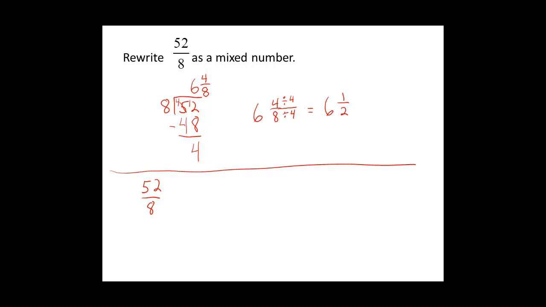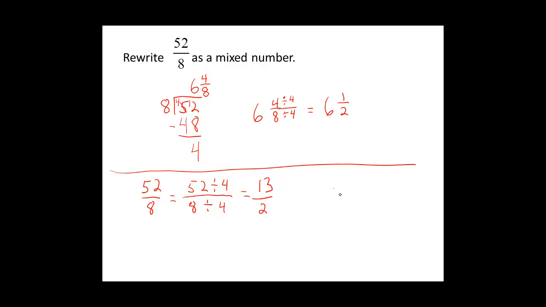We can divide both the numerator and denominator of 52/8 by the number 4. 52 divided by 4 is equal to 13. 8 divided by 4 is equal to 2. Now we will do long division using this fraction.